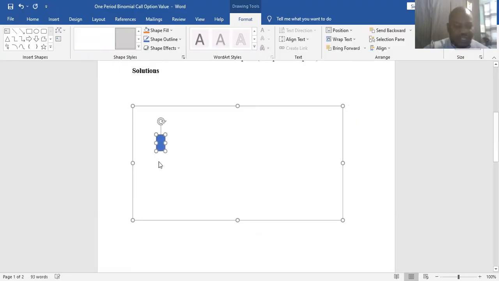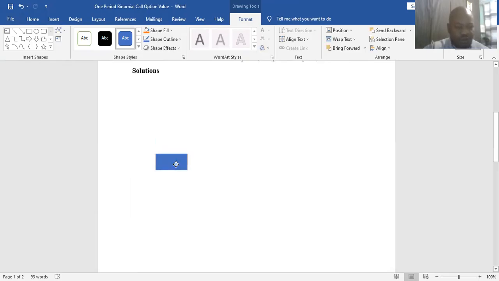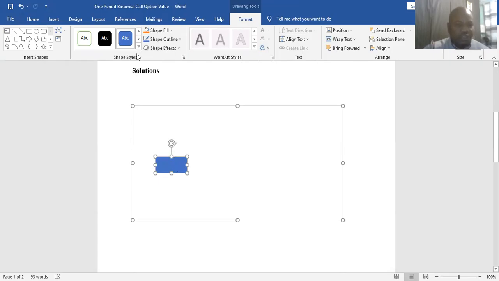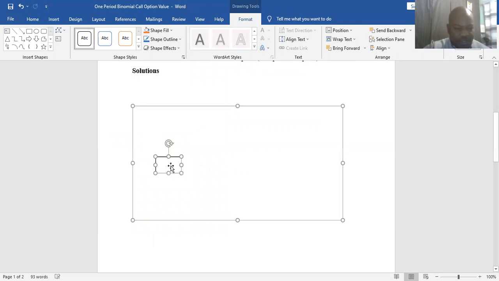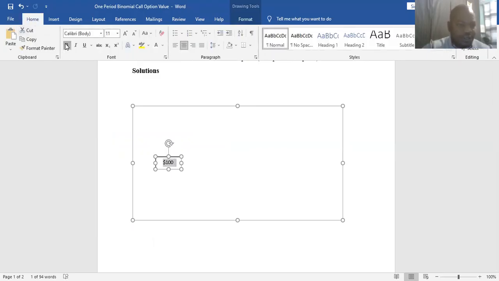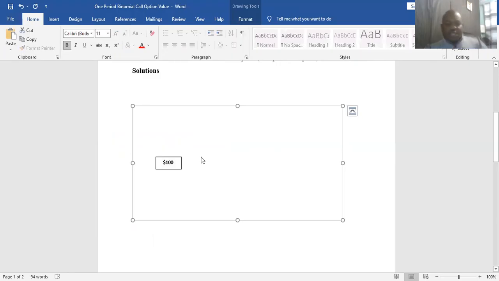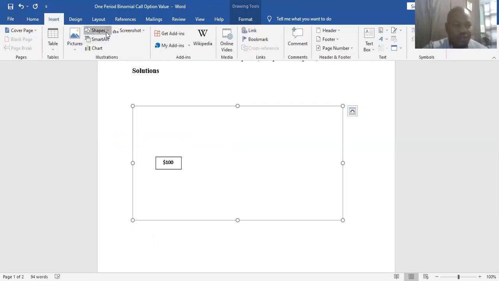I need to indicate the current value of the option, which is basically $100. So I have $100 here, and this $100 can go up 25% or down 20%.